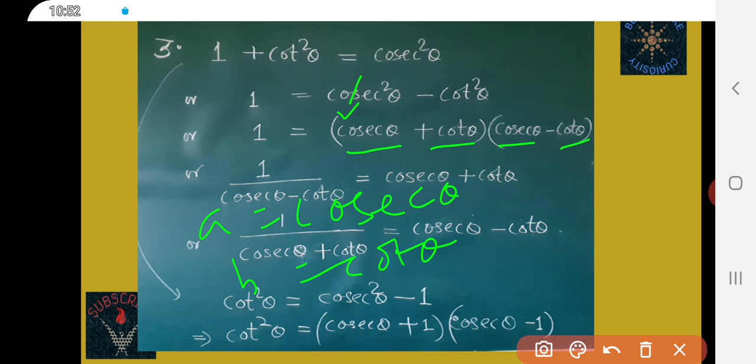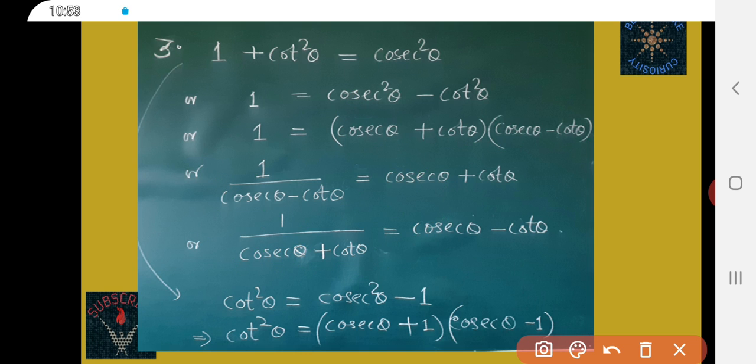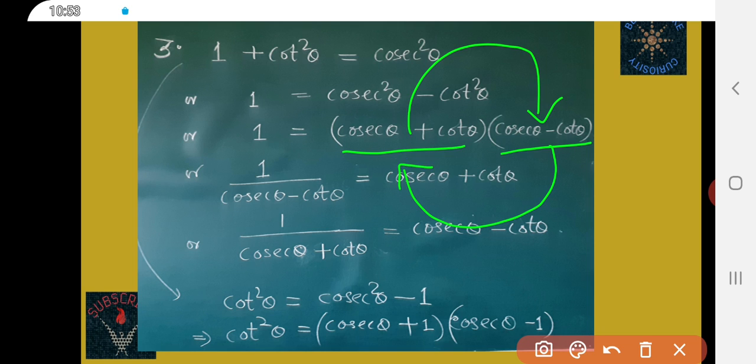Okay, a square minus b square, here cosec square minus cot square. So you can write like this. Okay, now you see the multiplication of this and this is equal to 1. So you can say this is the reciprocal of this, and this is the reciprocal of this.